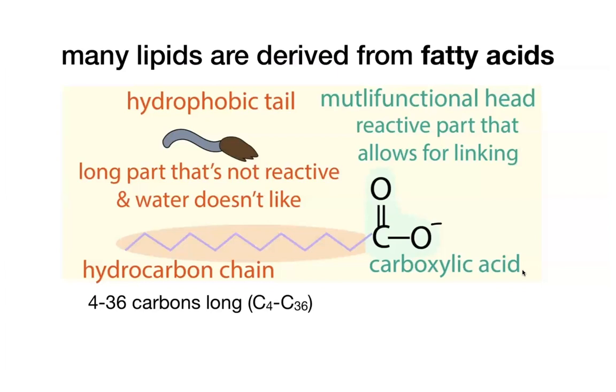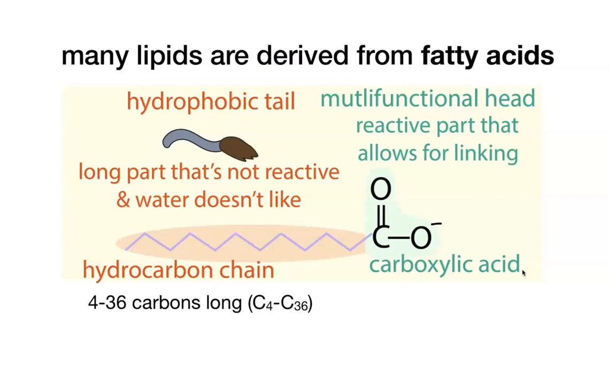Many lipids are derived from fatty acids, and fatty acids are characterized by having a fatty part and an acid part. The fatty part is a long hydrocarbon chain. We call it its tail. These are typically 4 to 36 carbons long, and as you might imagine, that's very hydrophobic. It doesn't have anything polar that water would like to hang out with.